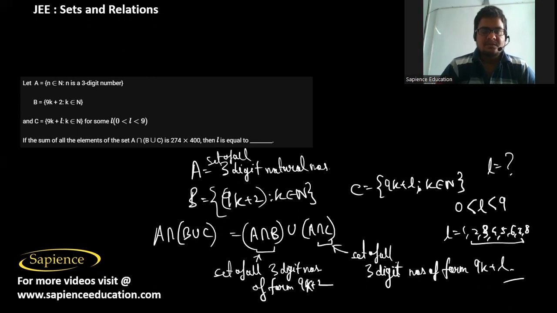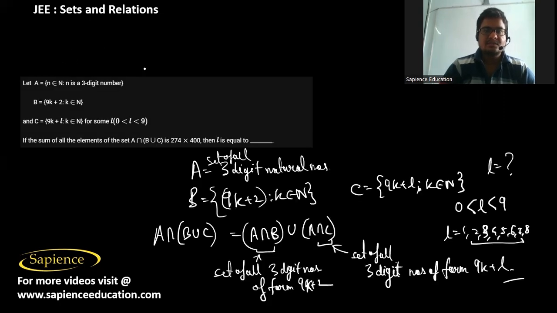Now if we do 9 into 10 plus 2, then we will get 92. But here 3-digit numbers you have to take. So if you do 9 into 11 plus 2, then we will get 99 plus 2, that will be 101. So it will start from 101, and then 12 nines are 108 plus 2, that is 110.